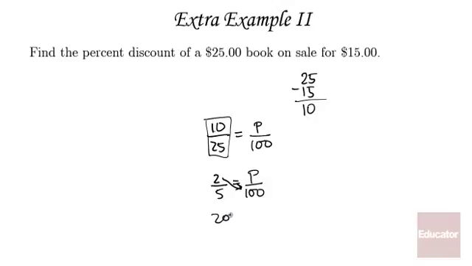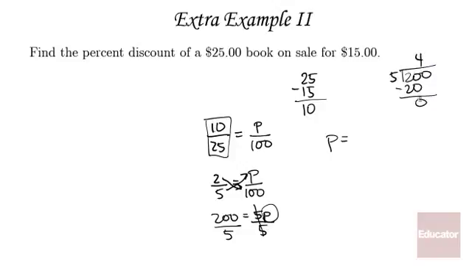Cross product 200 equals cross product 5p. I'm going to divide by 5 both sides, isolating p, my percent of change, and 200 divided by 5 goes in 4 perfectly. And remember to put in another 0 for this, because 4 is very different from 40 here. So the percent of discount is 40% off.